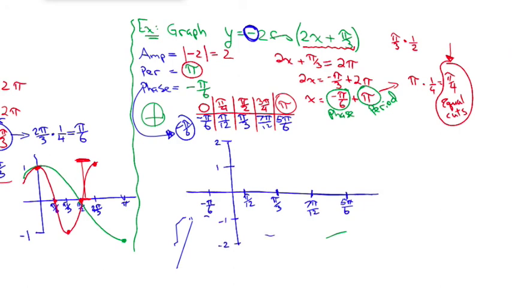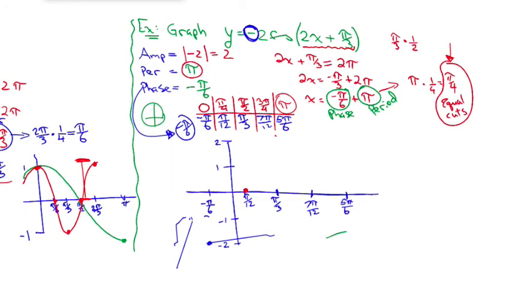It's a cosine graph, so it either starts high or low. Because of the negative, it starts low, at the phase shift. So cosine is starting way down there at negative pi over 6, negative 2. And it's going to go to 0 at pi over 12, so it hits the middle line at pi over 12. Then at pi over 3 it goes up to 2.